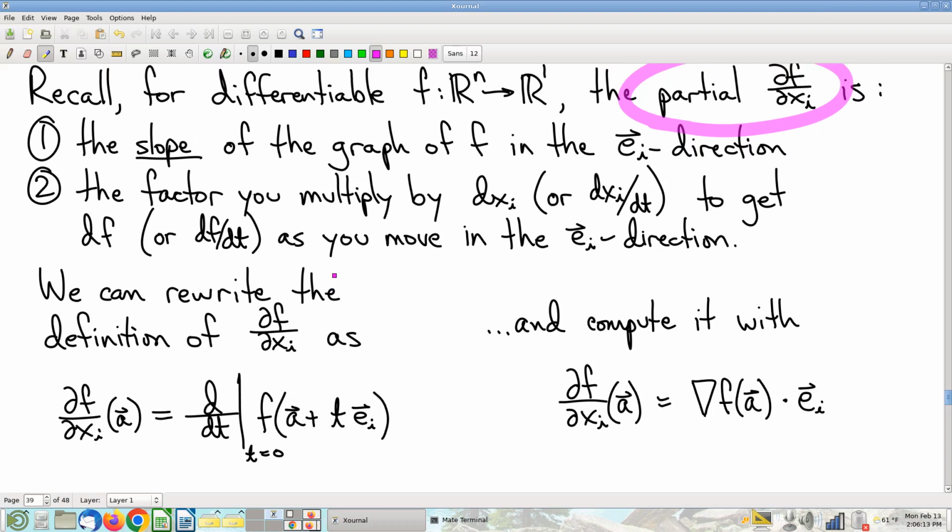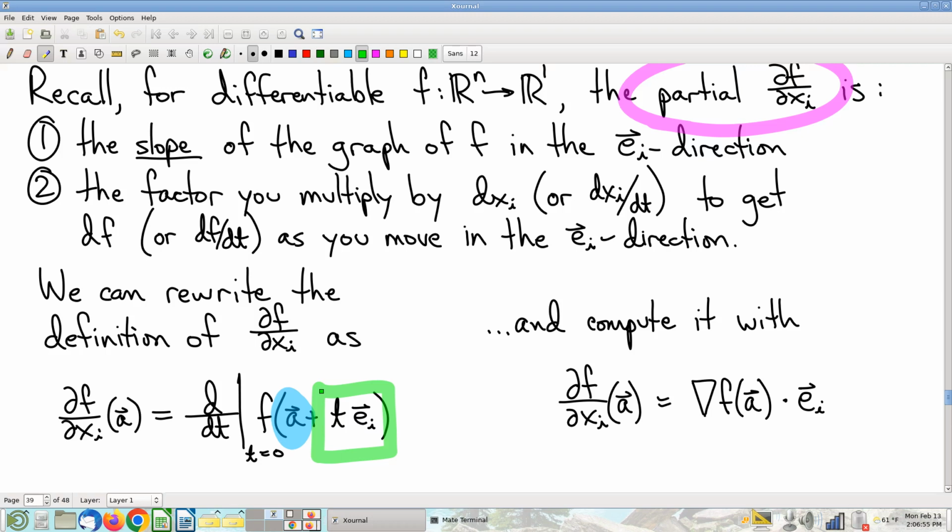I claim you can take the definition that we started with for partial derivatives, and you can rewrite it as this, which at a glance looks pretty different, but keep in mind, if you're at a point A, the act of adding t times e_i, and then you start looking at coordinates, only the ith coordinate gets anything added to it, right? All of the other coordinates except for this one don't change, aka they remain constant, which is kind of how we define partial derivatives, right?